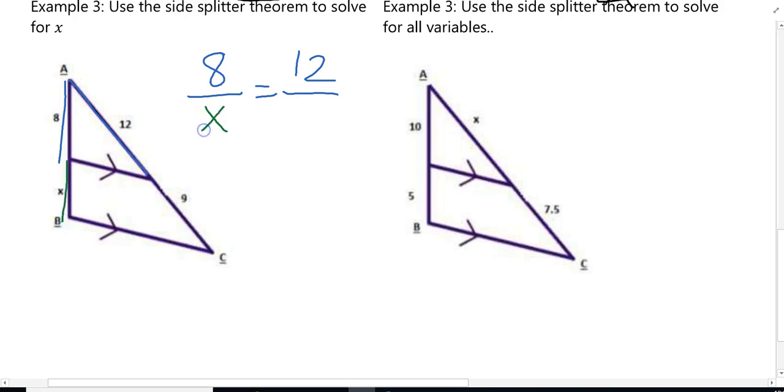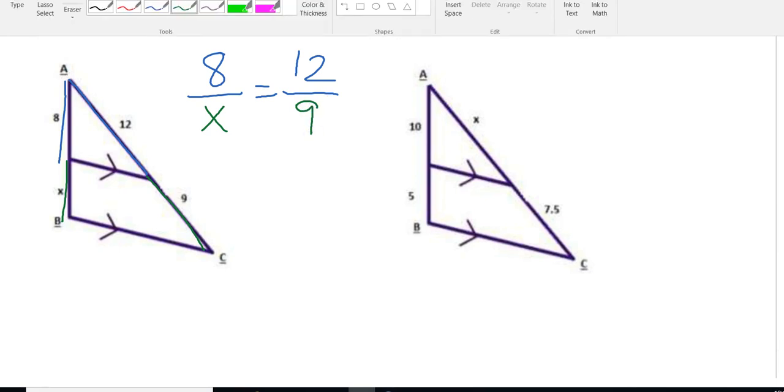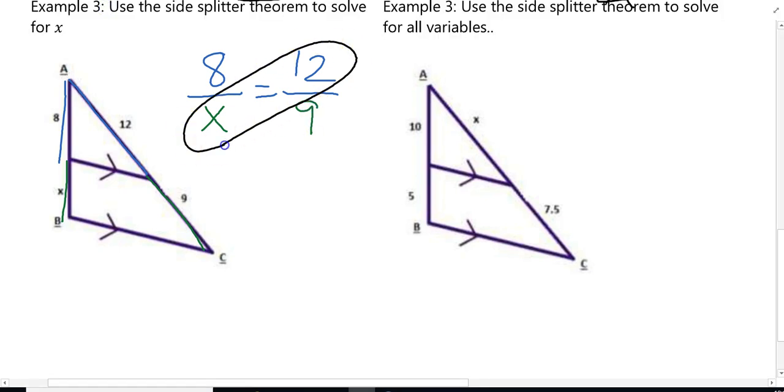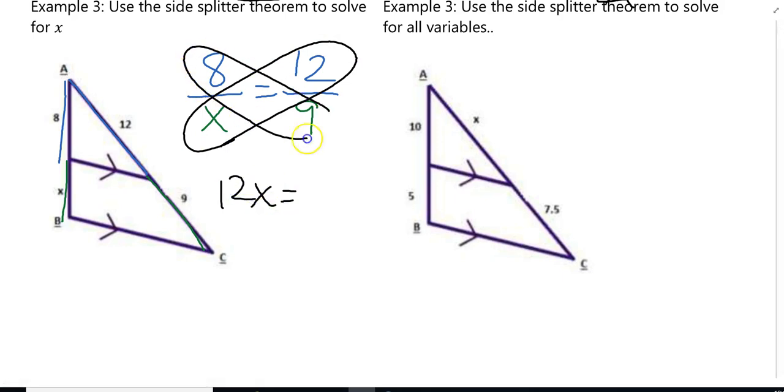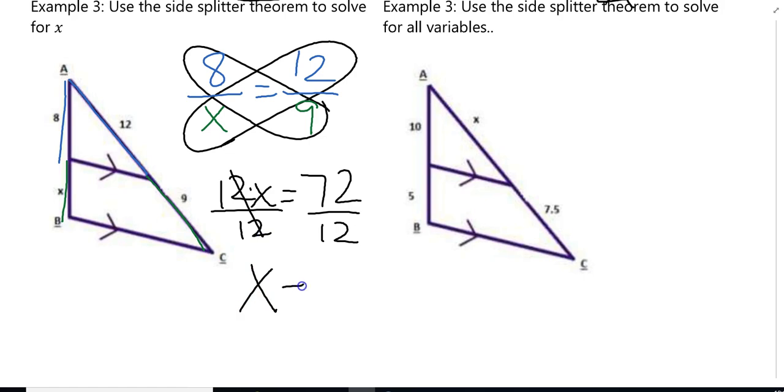So this is going to be x, and this one is going to be 9. Going ahead and cross multiplying: 12 times x is 12x, 8 times 9 is 72. Solve for x by doing the opposite, so that's getting multiplied. You divide by 12 on both sides. 12 divided by 12 is 1, so I'm left with x. 72 divided by 12 is 6. So that is my missing side.